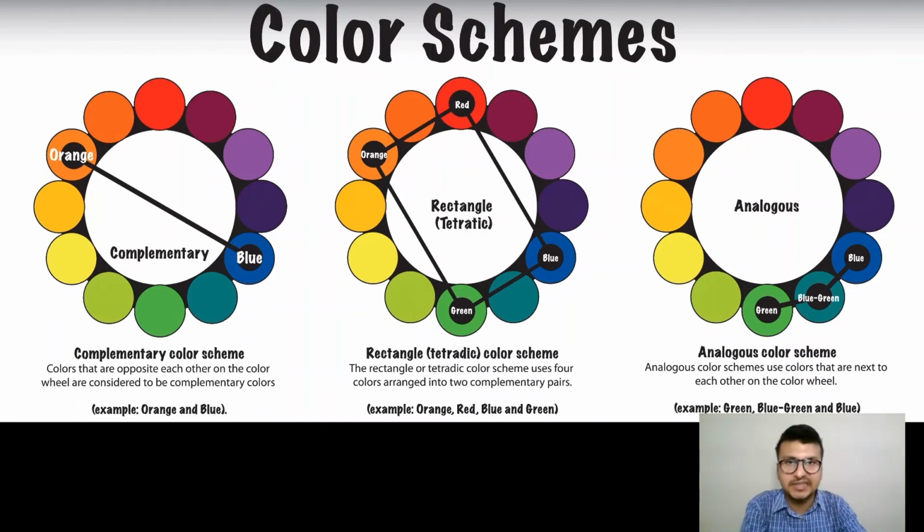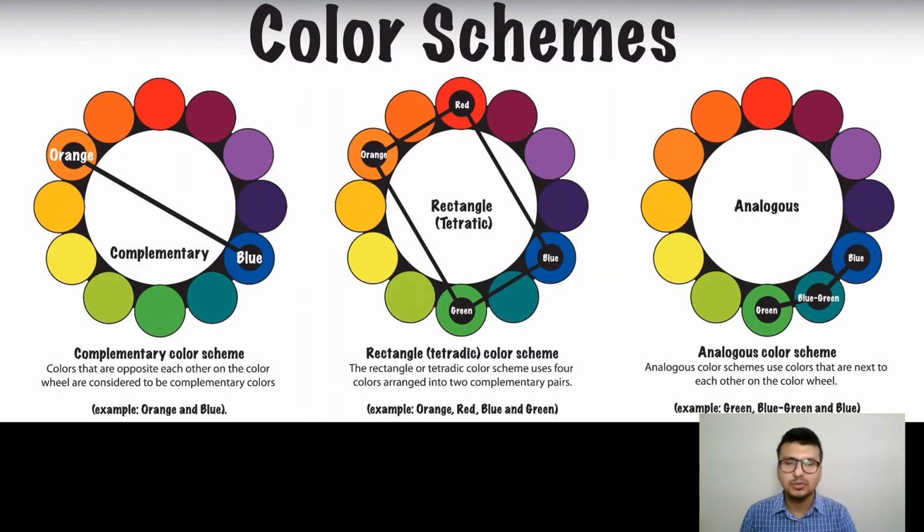Coming to the second color scheme, that is the rectangle tetradic color scheme. Four colors, that are orange, red, blue, and green, are used because they form a rectangle. From the name, it is very clear: rectangle color scheme. So we have to form a rectangle inside the color wheel, and these four colors lie in the rectangle shape.